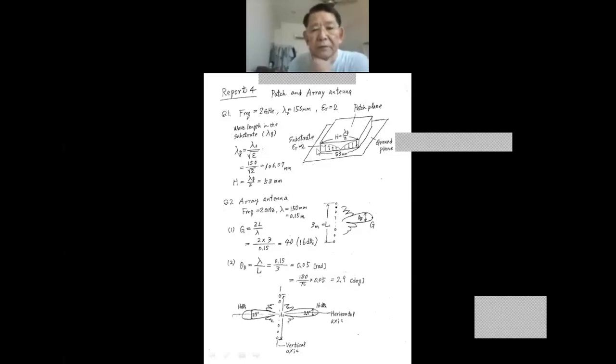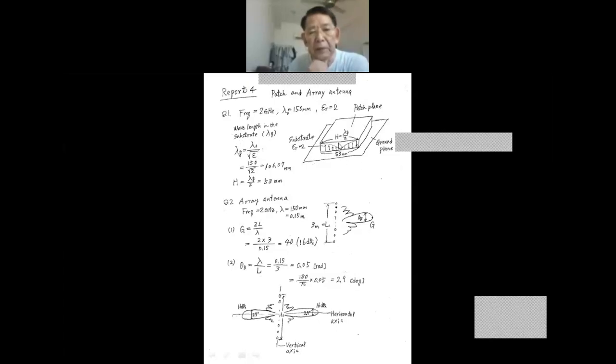To design a patch antenna, we must know the wavelength in the substrate, because resonance in a patch antenna depends on the wavelength in the substrate.